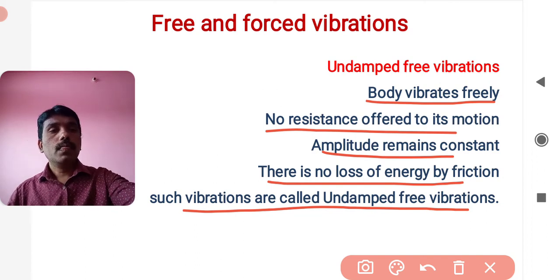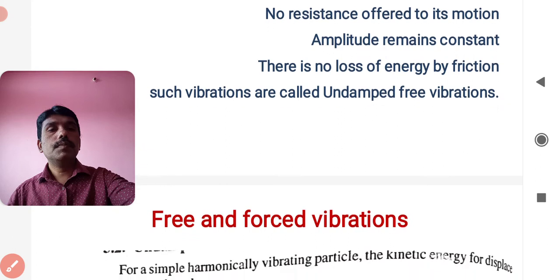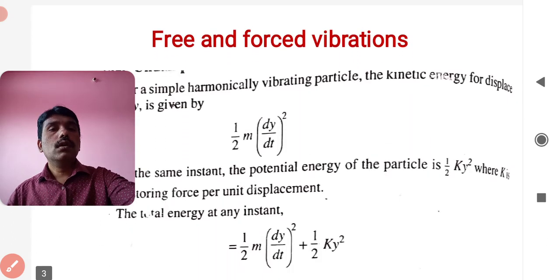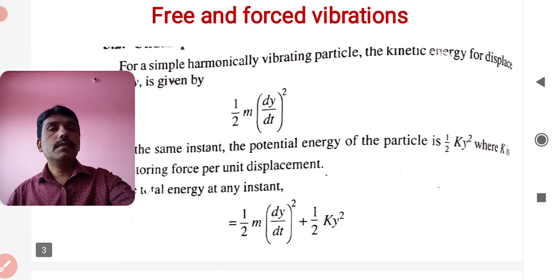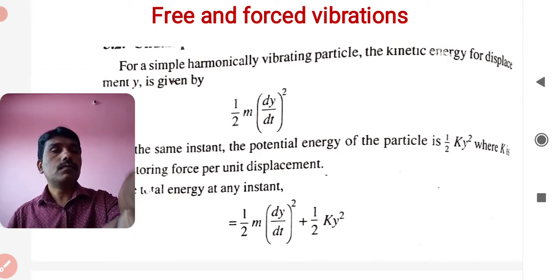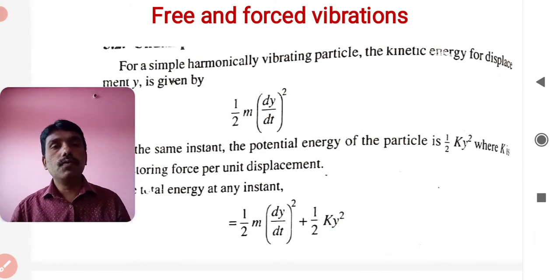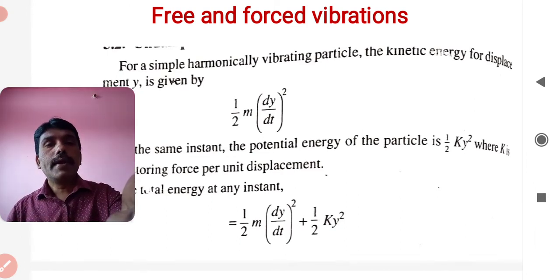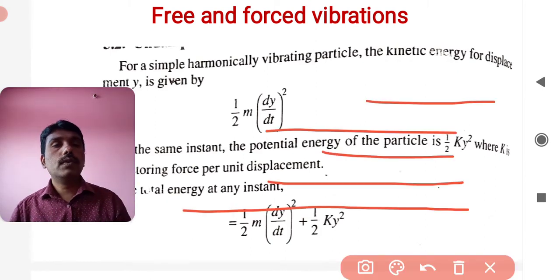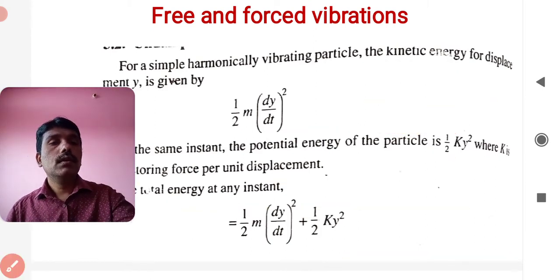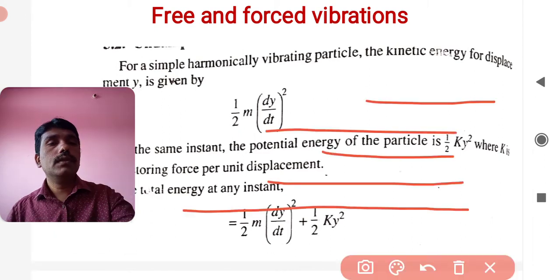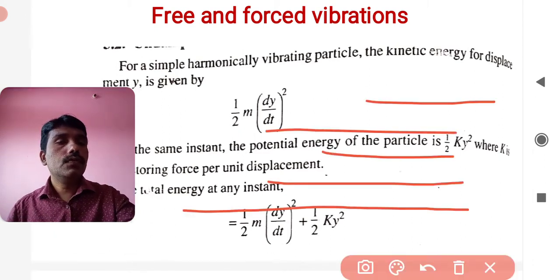Now, to find out exactly what the relationship is, as we are aware, the simple harmonic vibrating particle has kinetic energy for the displacement y.